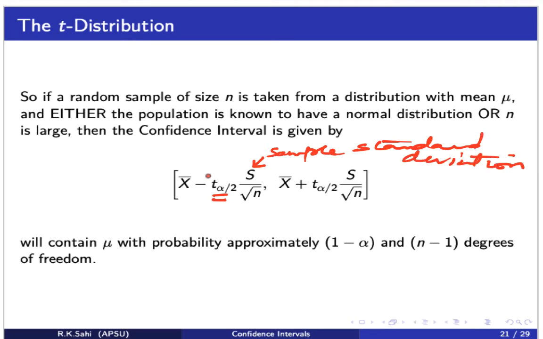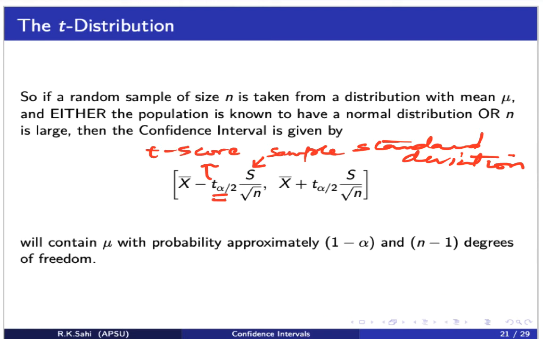And the t over here is the t-score. So that's the only difference from the one we had earlier when we had the population standard deviation. So just replace the z-score by t-score, the population standard deviation by a sample standard deviation. We have the answers. The only thing we need over here is how many degrees of freedom. That means n minus 1. That's how it's related to the sample size.